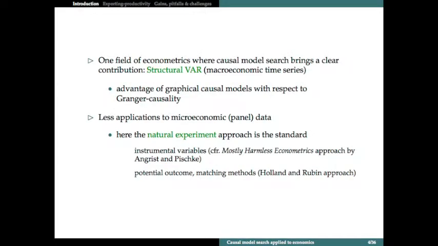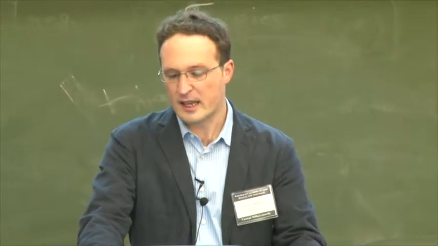One field of econometrics where causal model search brings a clear contribution, in my opinion, is structural VAR, especially as applied to macroeconomics, and Kevin Hoover gave a talk on this issue. Here I see a real advantage in the use of graphical causal models to identify the causal structure behind the data, with respect, for example, to Granger causality.